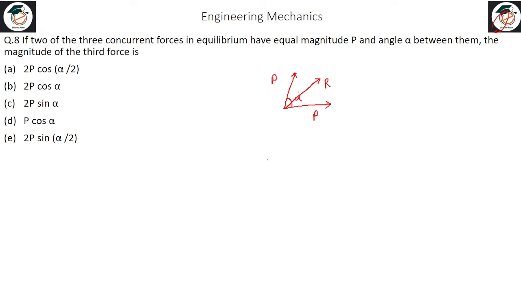So we know the formula for the resultant: R square equals P square plus Q square plus 2PQ cos alpha.